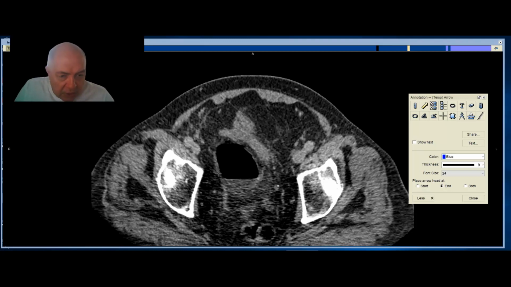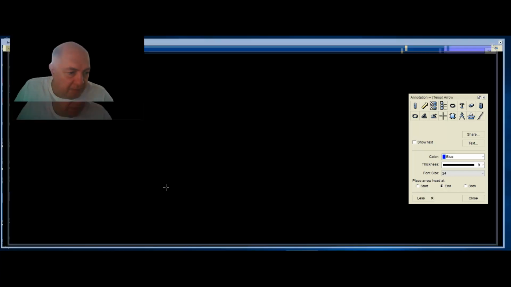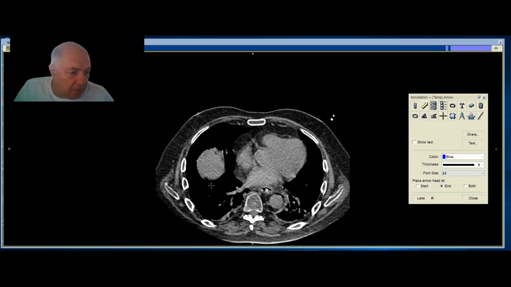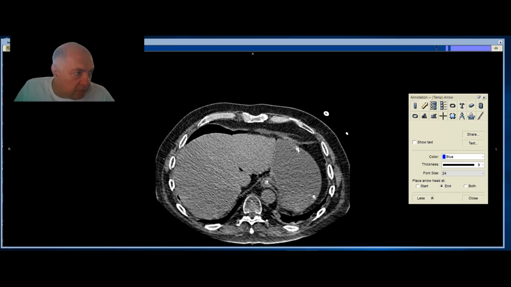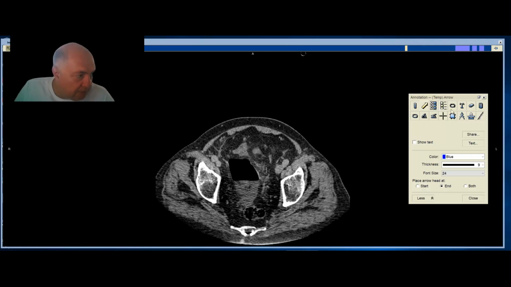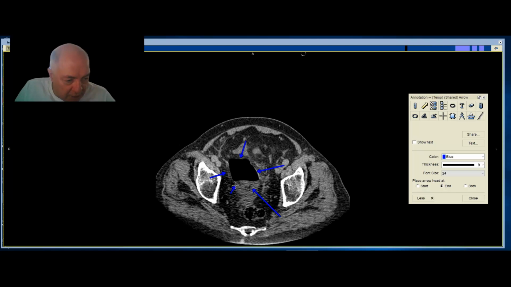So this is what we saw on the X-ray. If you go back to the X-ray, so when you see this free air in the pelvis, that corresponds to this collection that we're seeing here. And the collection contains air and fluid.